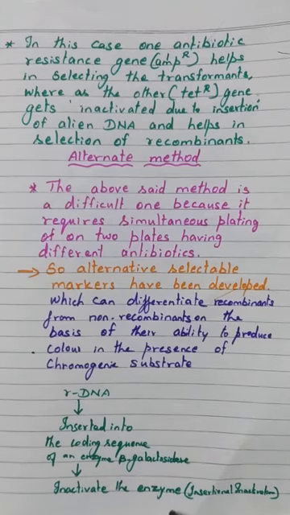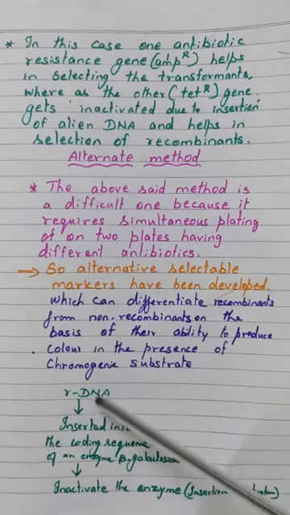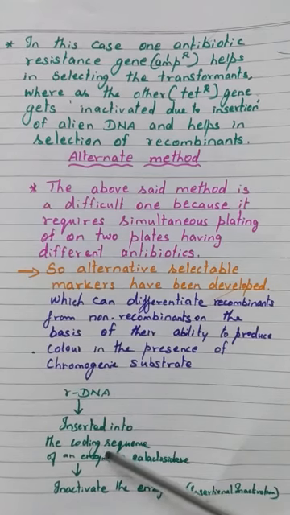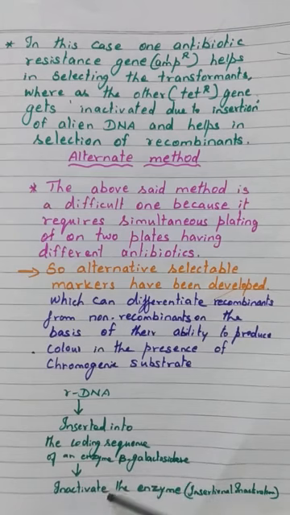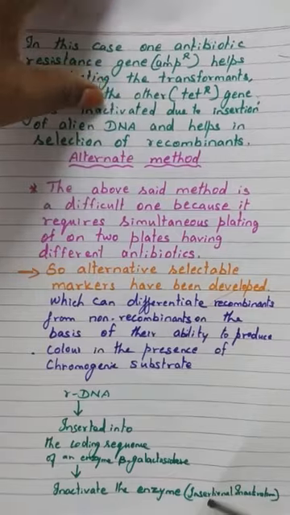That process is known as insertional inactivation. When we insert rDNA into the coding sequence of the enzyme beta galactosidase, it becomes inactive. It cannot produce color in the presence of chromogenic substrate, and this process is known as insertional inactivation.